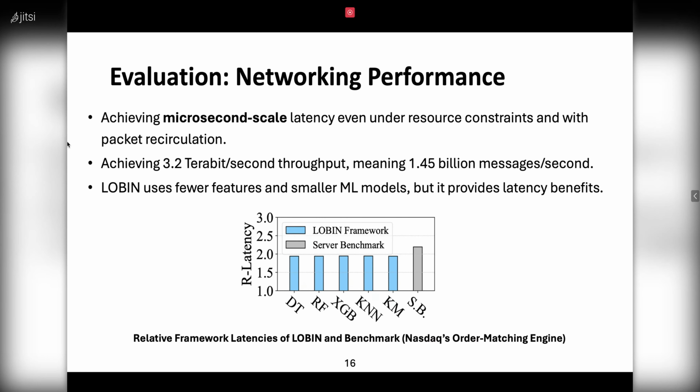We can achieve microsecond scale latency even under resource constraints and with packet recirculation. We achieve 3.2 terabits per second throughput, meaning we can process 1.45 billion messages per second. So LOBBING uses fewer features and smaller machine learning models, but it can provide huge latency benefits.